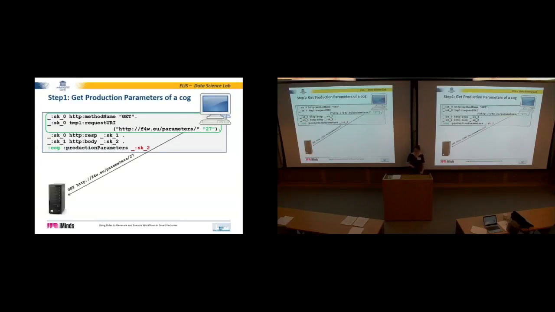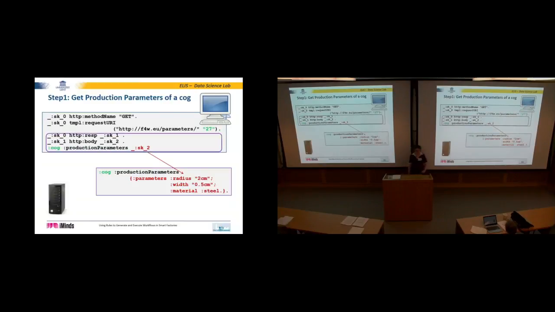We would then send the GET request, and get some information back, like here the radius, width, and material of our cog. And then we could use this data to instantiate this post condition we had before. So now the cog has production parameters, and this SK2 is not SK2 anymore. Now we really have information and we can put it in there.